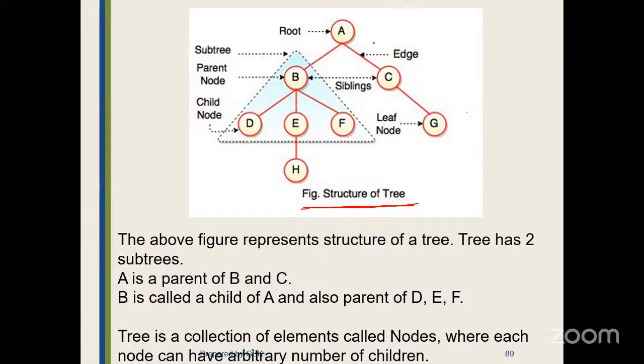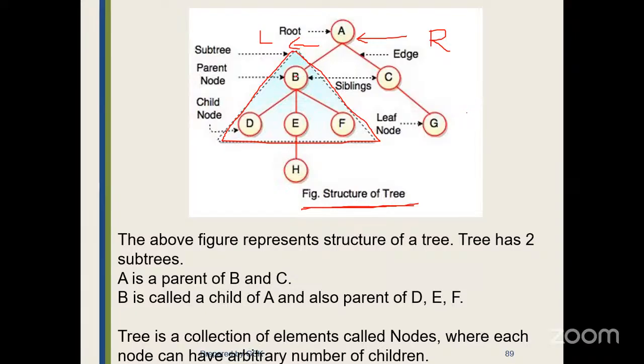That node is called the root node. With whichever node you start the tree, that node is called the root node. And it has a left subtree, on the left side of the root node, right? So this is the left subtree, and on the right-hand side of the root node, the right subtree, which is highlighted with the triangle. Okay, this is the left subtree.